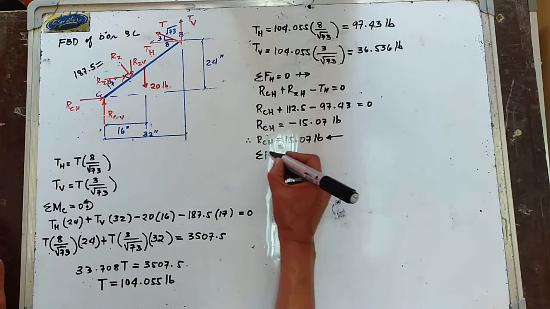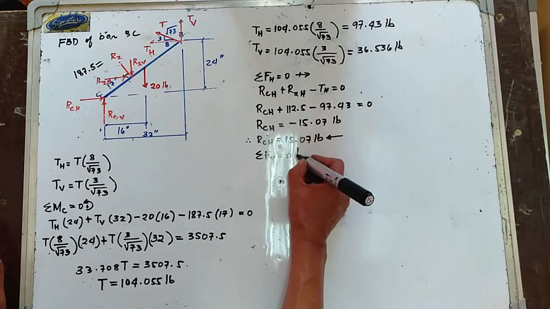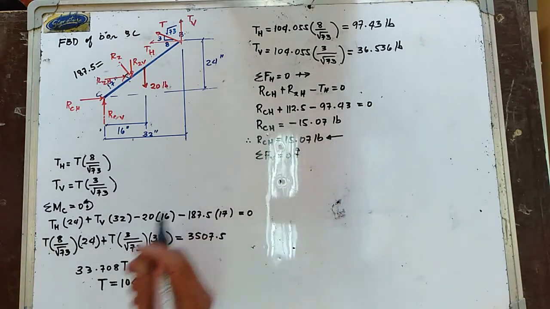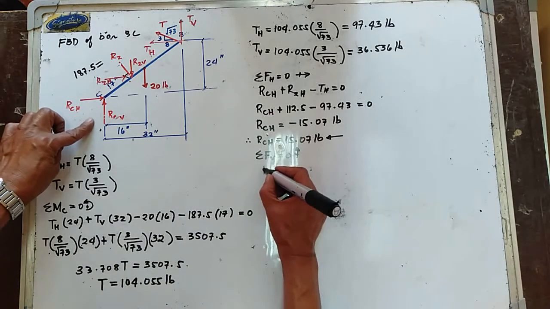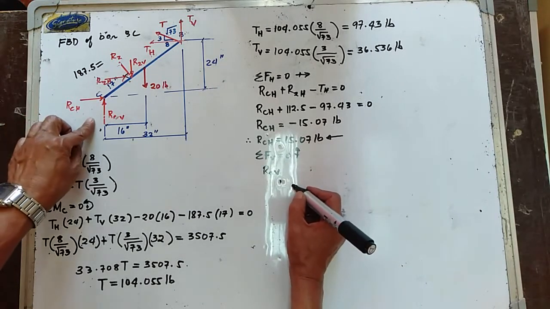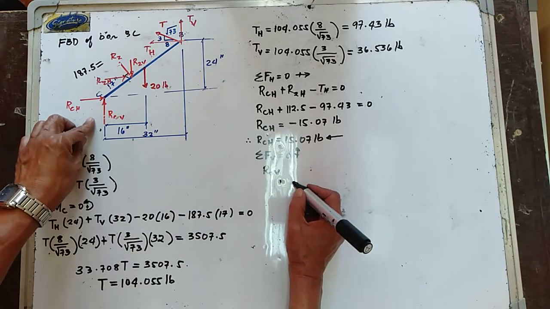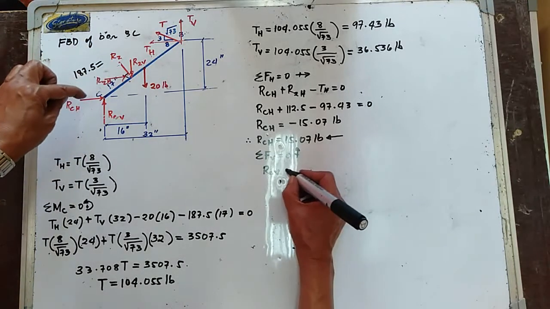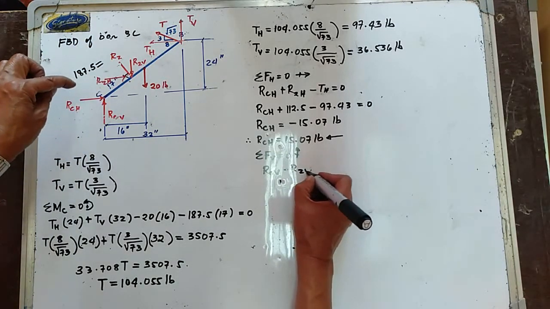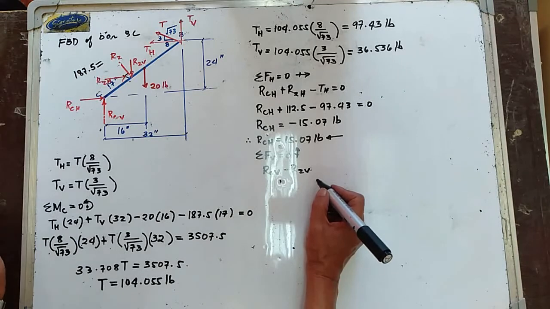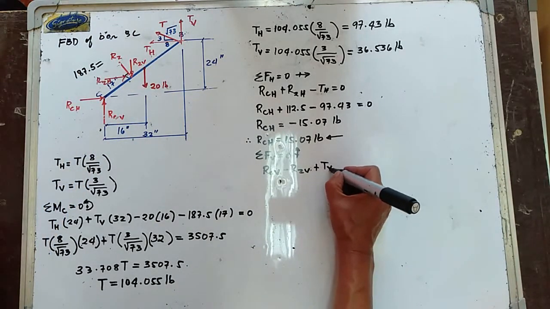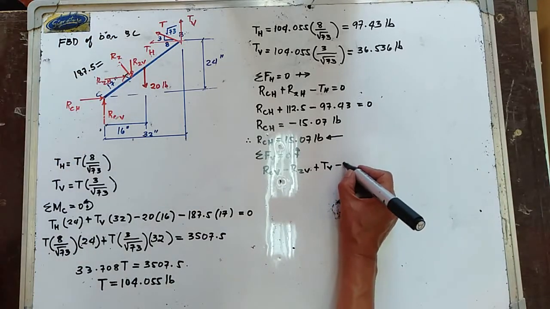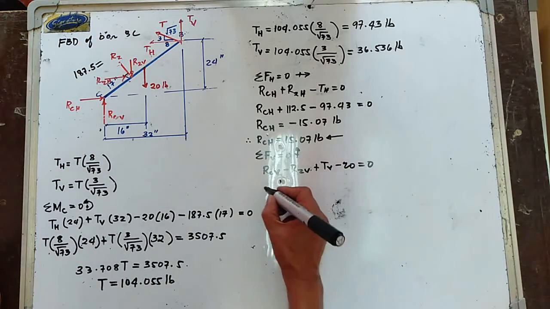Summation of forces vertical is equal to 0, with upward forces positive. So we have RC vertical, and then R2 vertical, plus T vertical minus 20 is equal to 0.